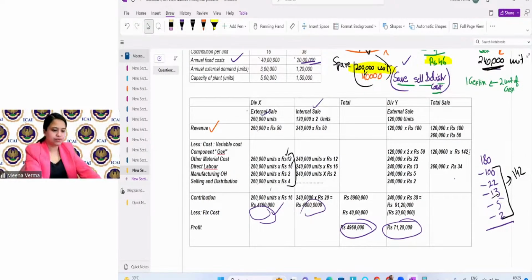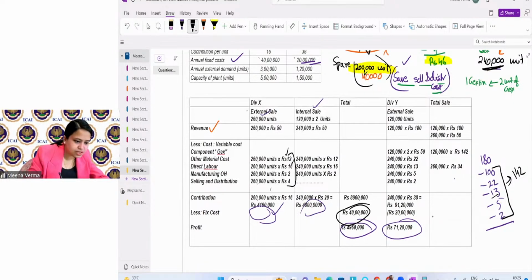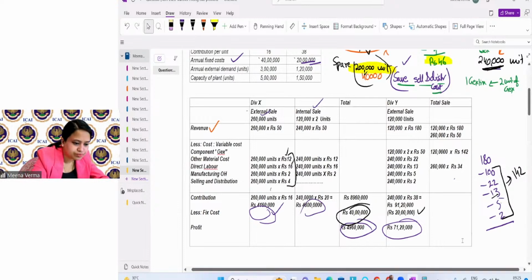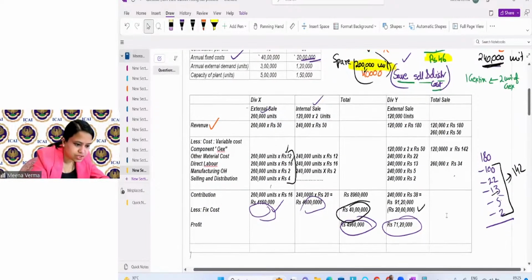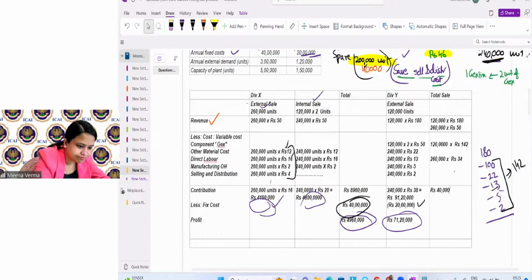That's it. And the fixed cost, total fixed cost, you will consider both this one as well as this one. Fixed cost, you will consider both. Rupees 20.